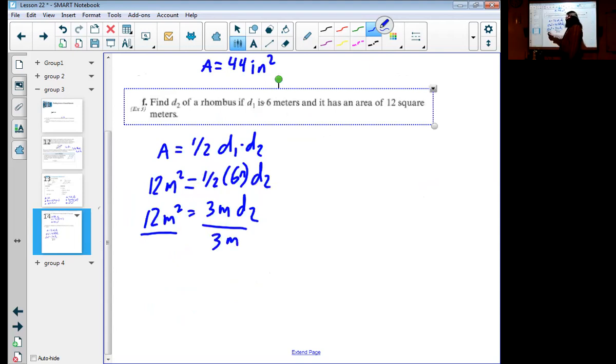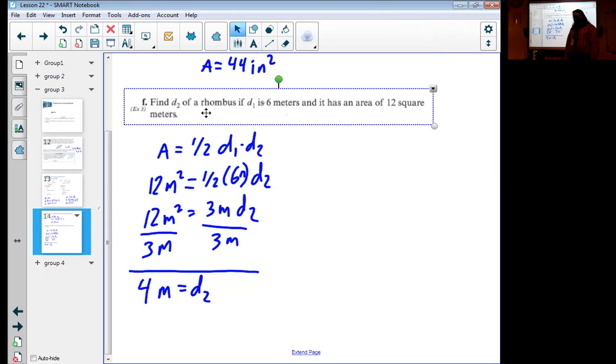Whatever we do to one side, we have to do to the other. Divide by 3 meters. 12 divided by 3 is 4. Square meters divided by meters is just meters. And that is equal to D2. And that is the end of part 3. I will see you shortly in part 4.